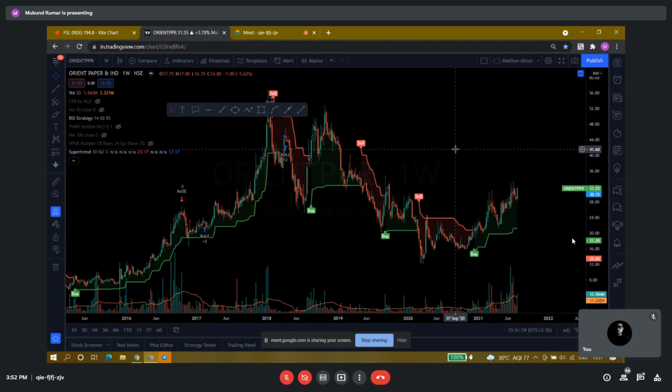That is why I have focused more on swing and positional calls as compared to investment. I suggest people review their portfolio at least on a 2 months basis and switch to a different stock which is performing well.